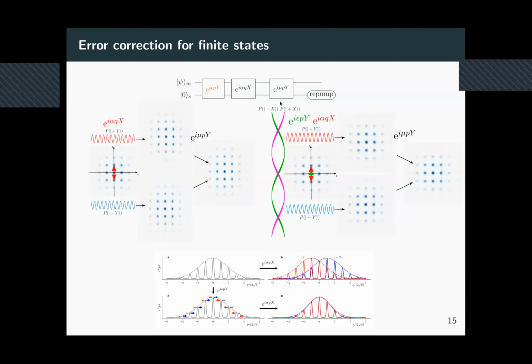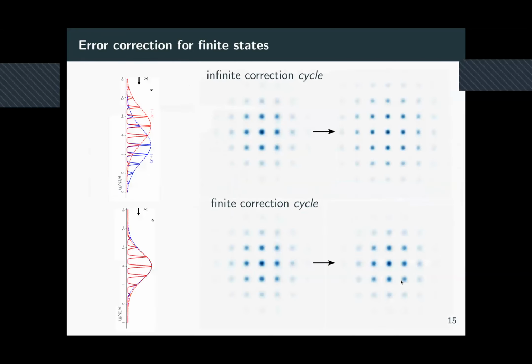Otherwise, if you do this pre-rotation, then when you do the second spin-dependent displacement, you will have this refocusing, and you will maintain the envelope state. This is slightly zoomed in after one cycle. It's not so easy to see the difference after one cycle, but after many cycles, the difference is quite big.